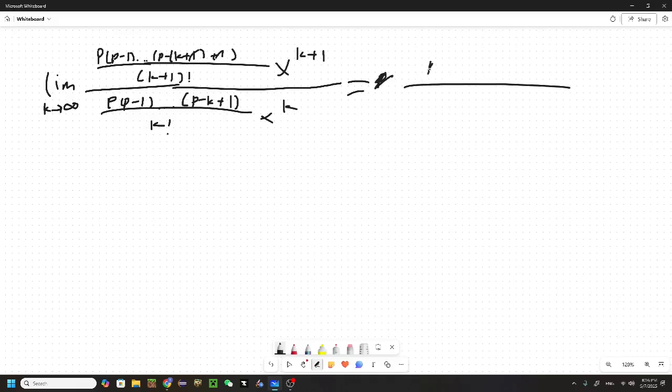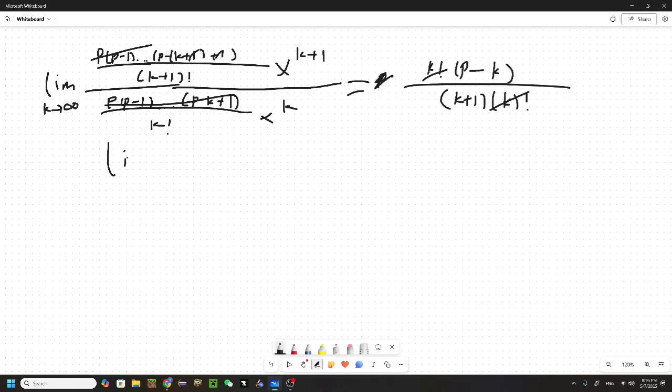So we have the k factorial on top, and now we have the p minus k on top. Is there anything else on top? I don't think so. This cancels out with this. And the k remains the same, and this becomes the denominator. Okay, so k plus 1, and we can expand this to k factorial, so these two cancel out.